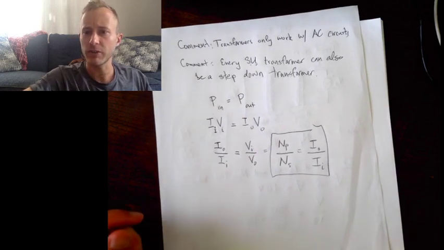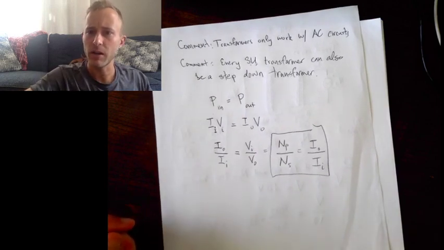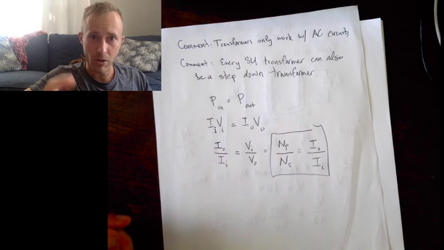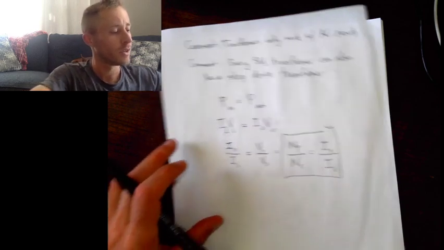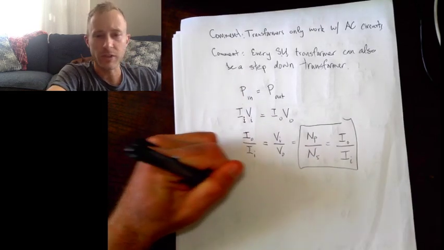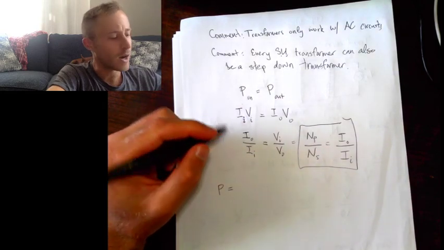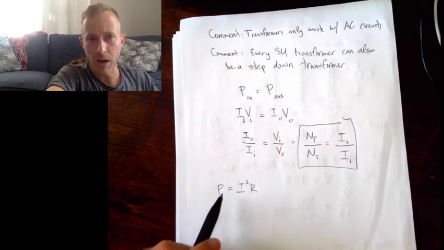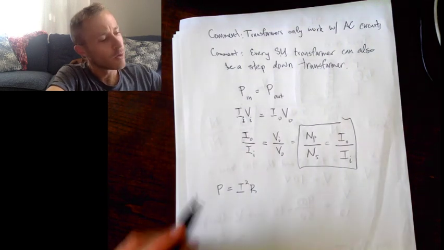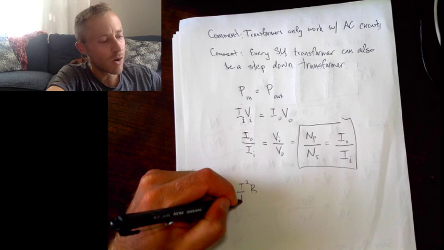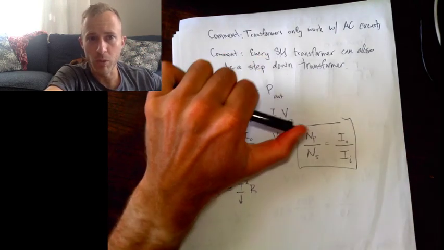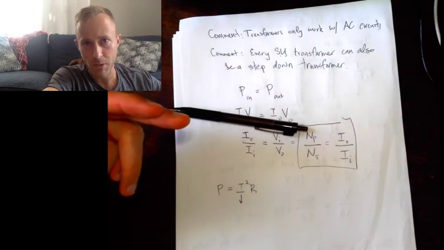Christian asked a great question, which is how are transformers used? And you might recall that I talked about, because P equals I squared R, this is the formula for the power dissipated by a resistor. We want to have as small of a current as possible when we're transmitting power, okay?